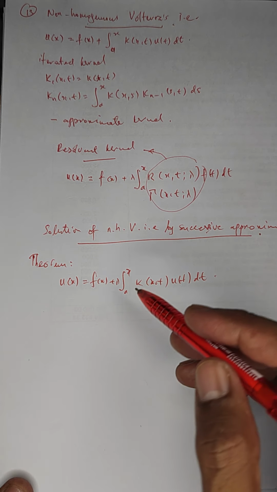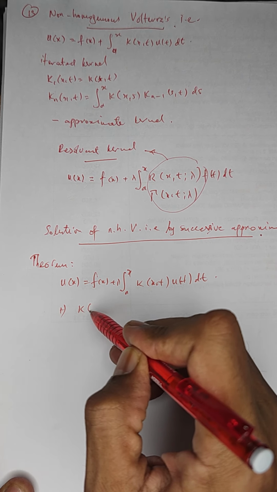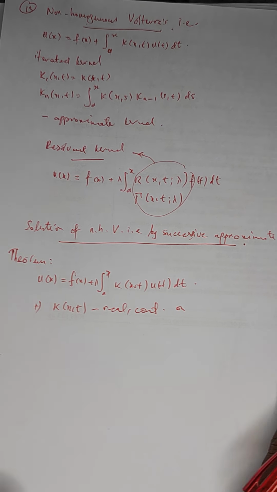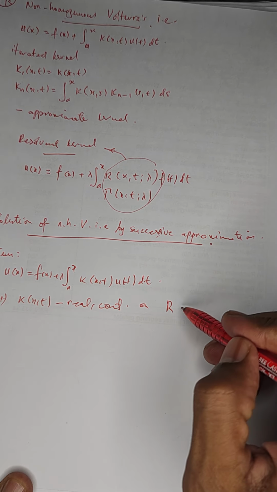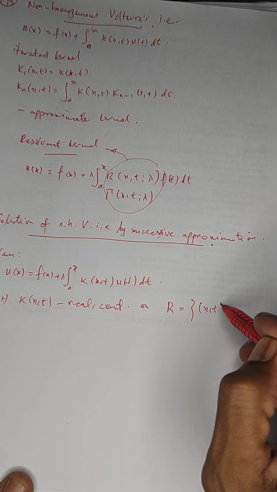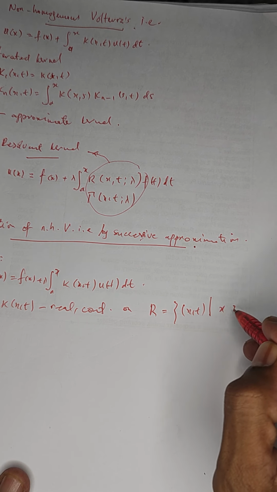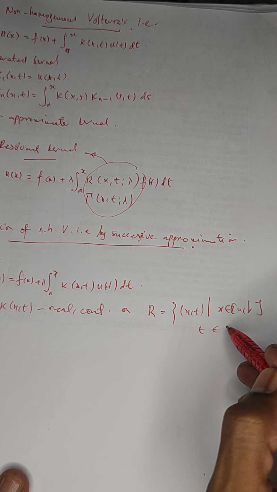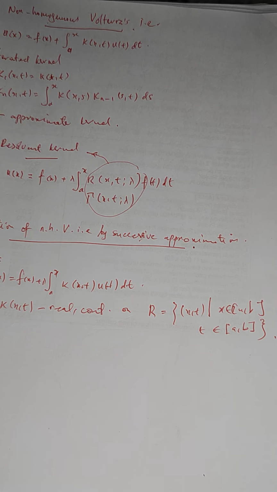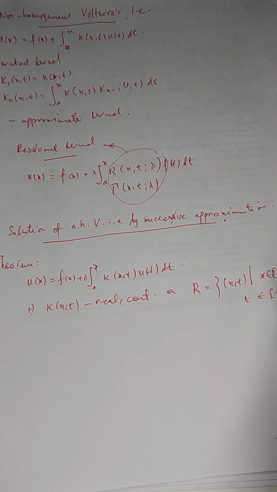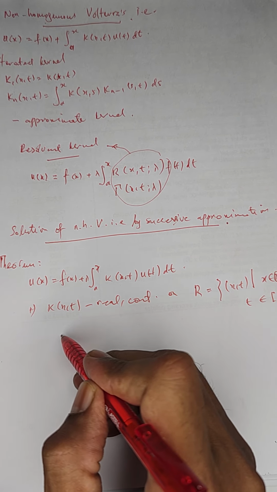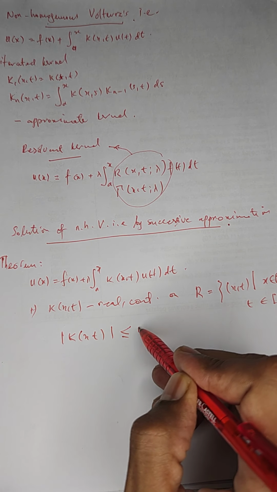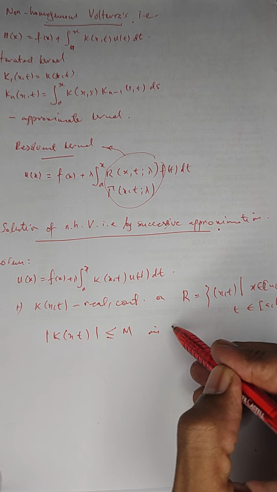The kernel k has the properties that it is real and continuous on some rectangle R, where R is the set of points (x,t) such that x is in [a,b] and t is in [a,b], and also the kernel is bounded, meaning the magnitude of k(x,t) is less than or equal to some M in R.